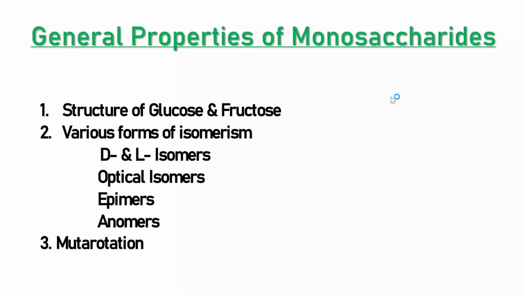Under these various forms of isomerism, we are going to look at the D and L isomers, optical isomerism, epimers, anomers, and then mutarotation. These are what we are going to look at under this.